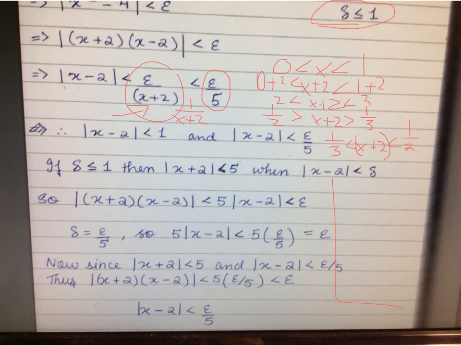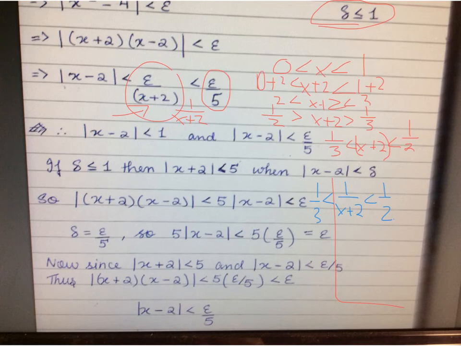and we can say that if we know that 1 over x plus 2 has to be greater than 1/3 and less than 1/2, then we can solve for epsilon over x plus 2, so that this value is no greater than 1/2.